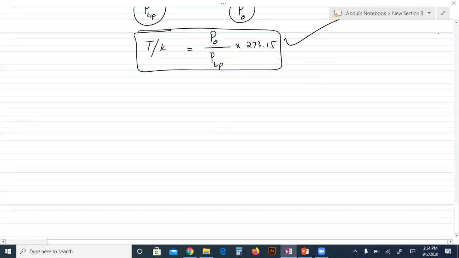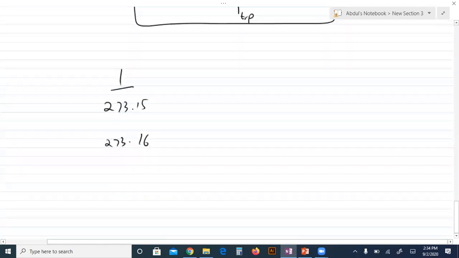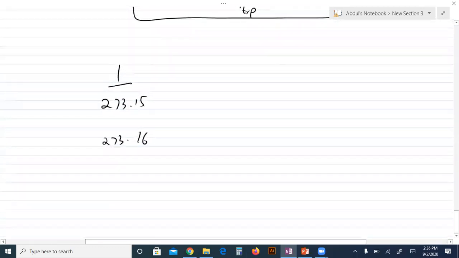Okay, now the definition of 1 Kelvin. 1 Kelvin is actually 1 divided by 273.16 fraction of the thermodynamic temperature of the triple point of water.